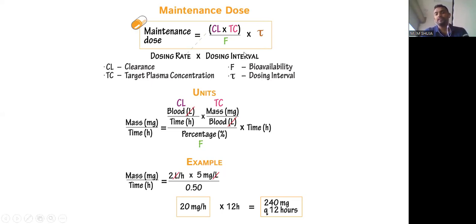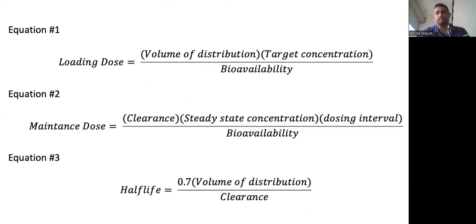Okay, so these are the ways you have to think. If the clearance is too much, either you can increase the maintenance dose or you can increase the frequency of administration or dosing interval. This is how you have to work out using this equation.